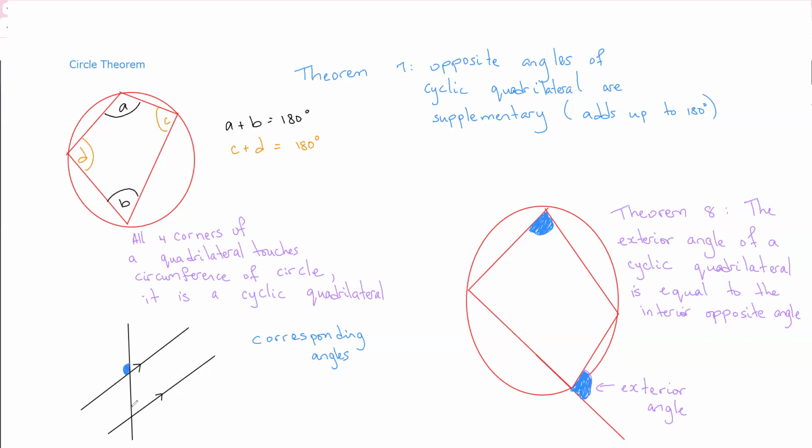This angle and this angle, they would be in the same position, right? So it's like they are in corresponding position. Corresponding angles are equal.